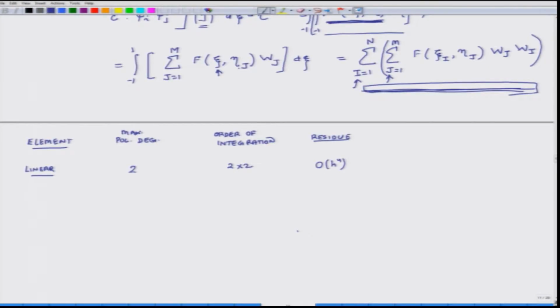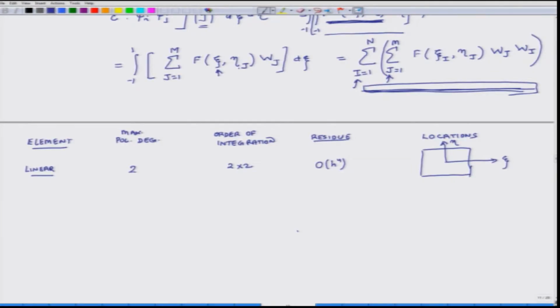And what are those locations? This is my element. What is this element on which I am integrating? This is a master element.